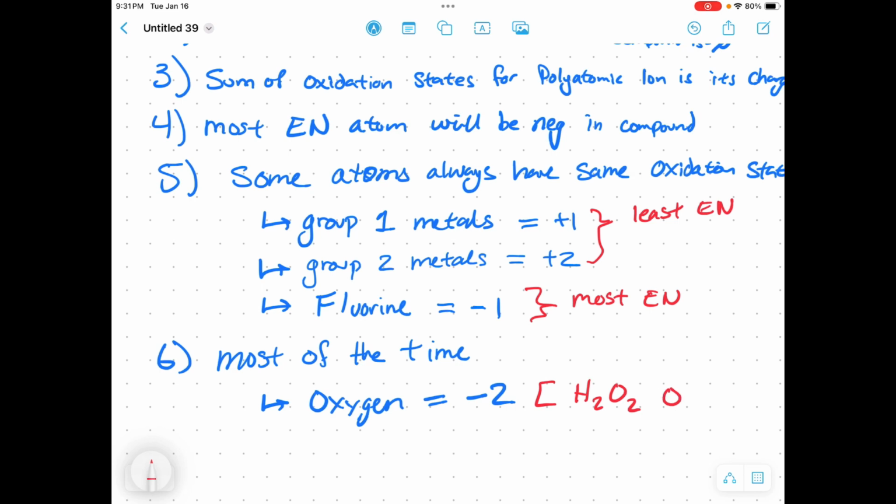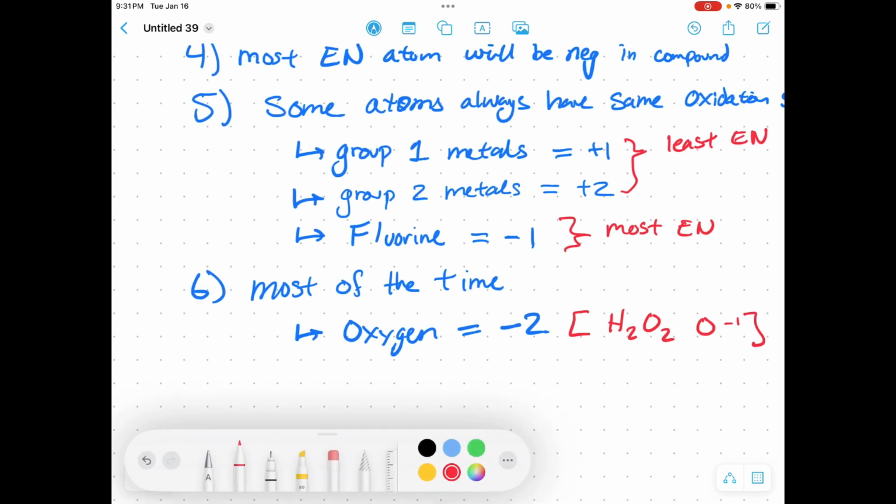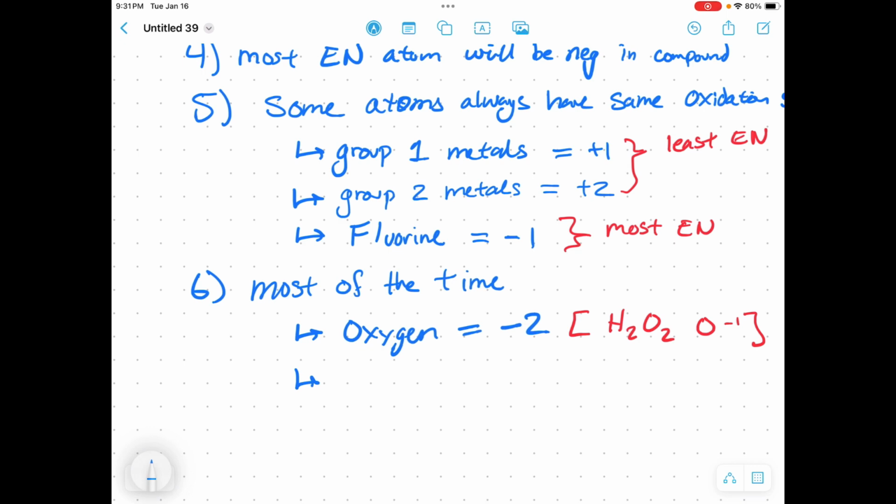Then oxygen's oxidation number will be -1 instead. The next one is going to be for hydrogen. Hydrogen is usually going to be +1. And it's usually going to be +1 because it's going to usually be the least electronegative atom. So this is normally going to be when it's with nonmetals.